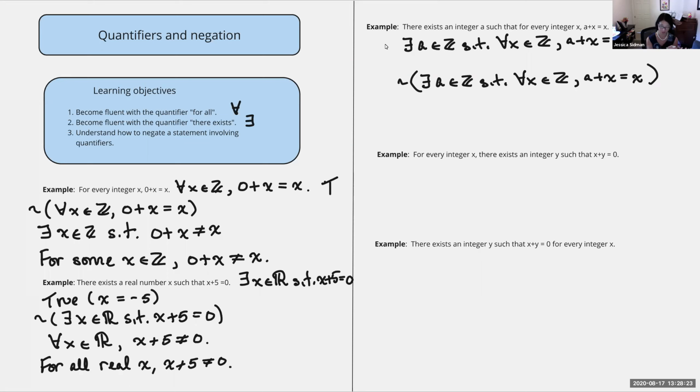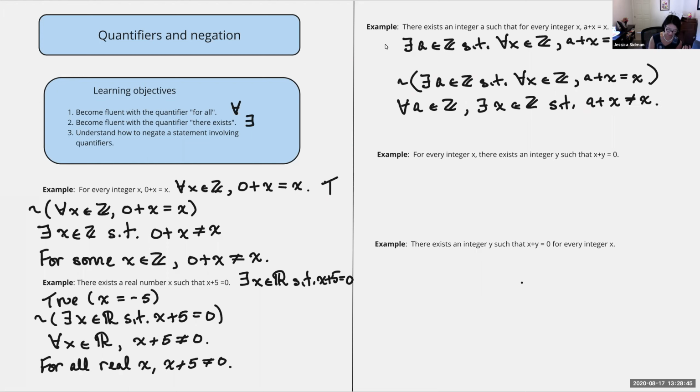It's not true if for all integers a, there exists some integer x such that a plus x is not equal to x, okay?